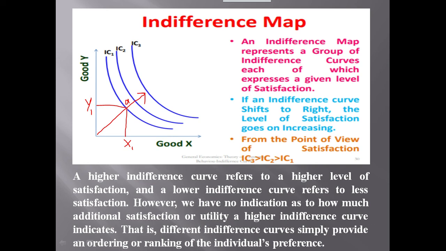If the consumer increases the quantity of x, keeping the quantity of y unchanged, we move to point B. At this point, the quantity of y remains unchanged, while the quantity of x increases from x1 to x2.